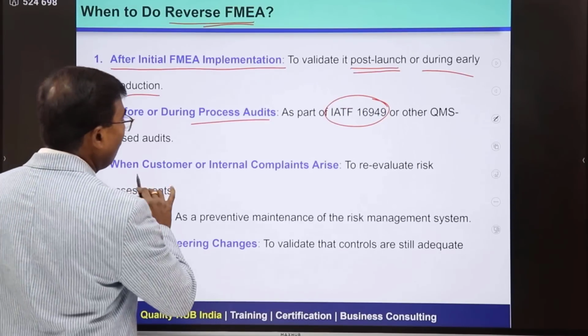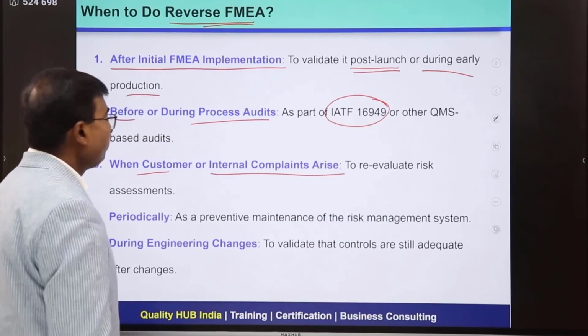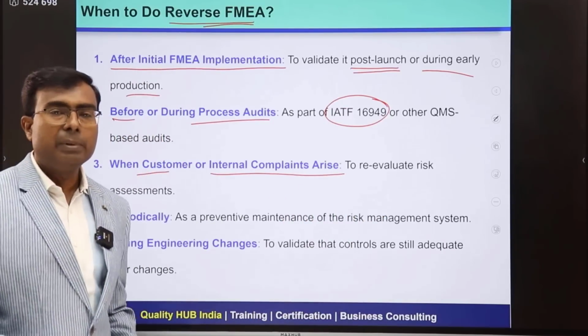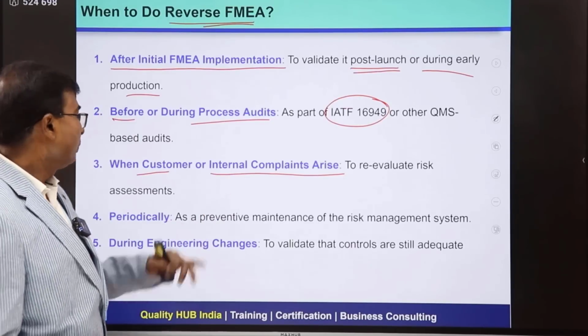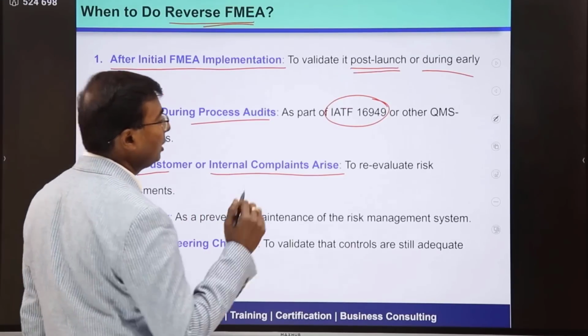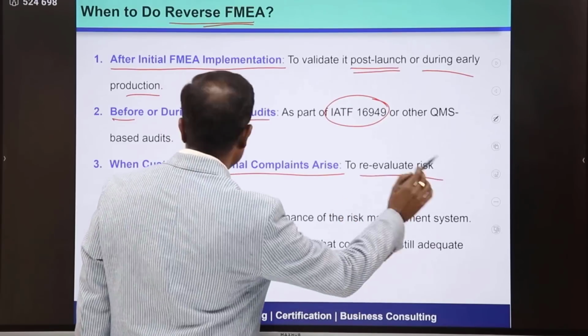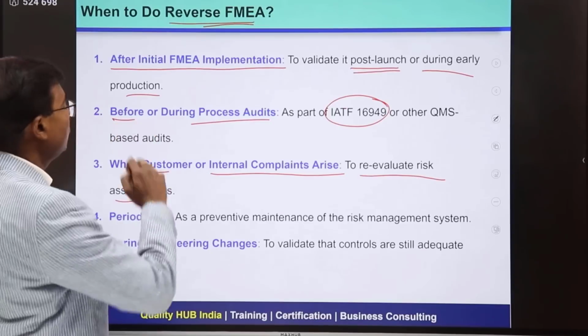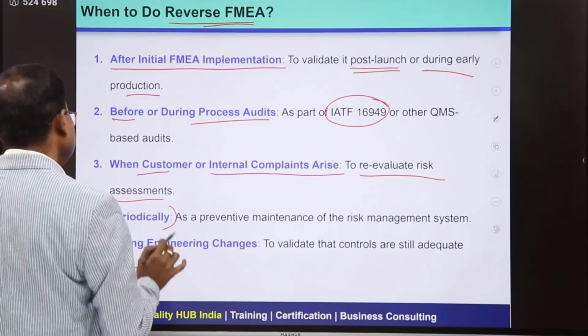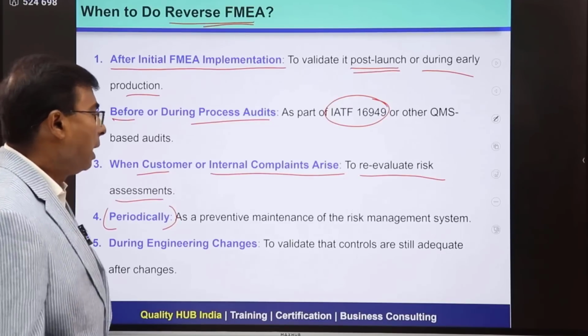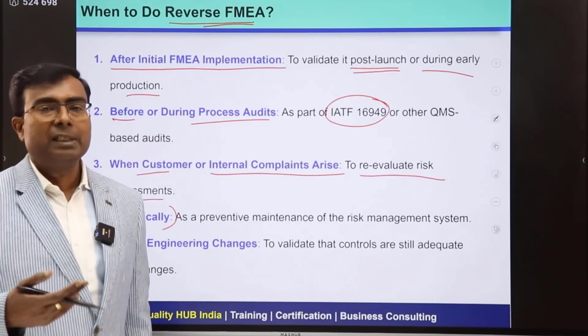When a customer or internal complaint arises, there might be some customer complaints coming, there might be some internal failures happening. That can be linked, and that can be an opportunity to re-evaluate the risk assessment pertaining to FMEA. You can also decide some periodicity, maybe every month, every 3 months or every 6 months.